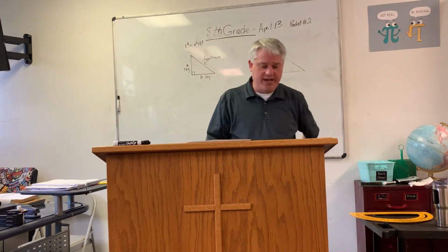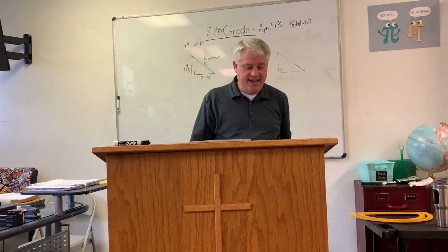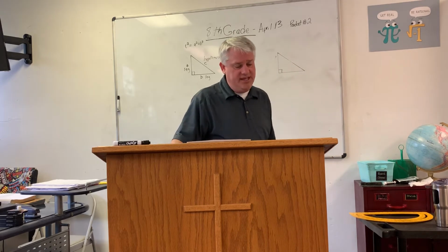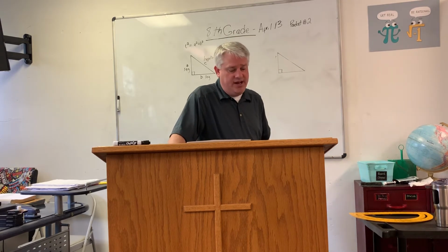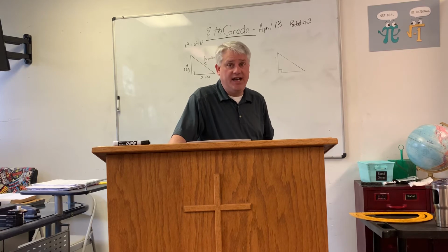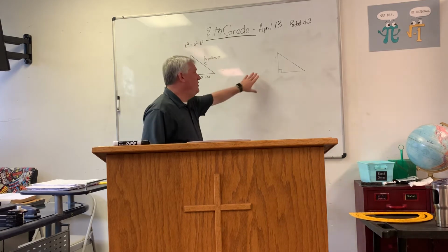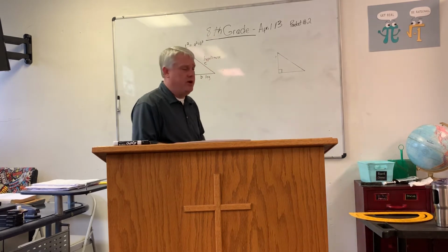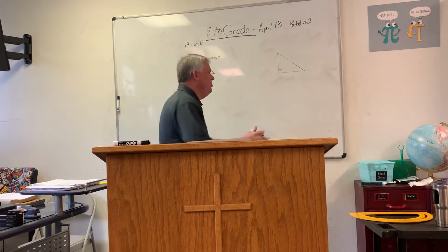So let's jump right to it and let's solve these. The first example problem gives us a right triangle with legs of 5 and 12. Legs of 5 and 12. And they want us to find the hypotenuse. Now, I have the right triangle drawn here. It's not in proportion to what they've given, but we're still going to use it.